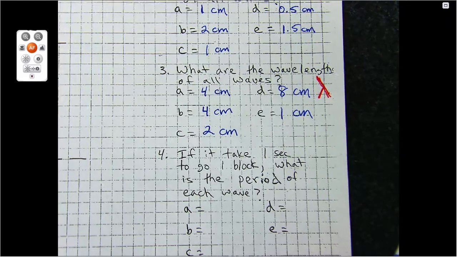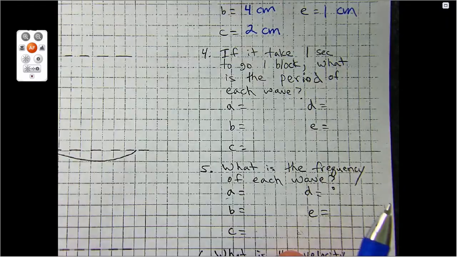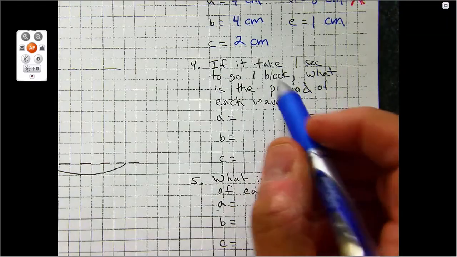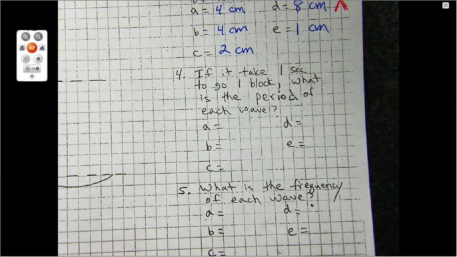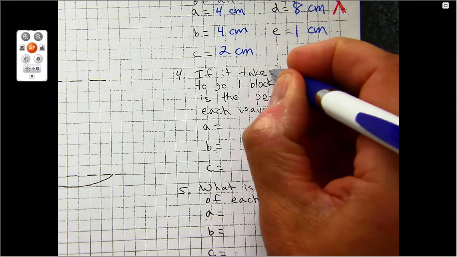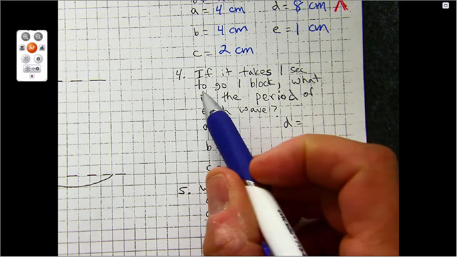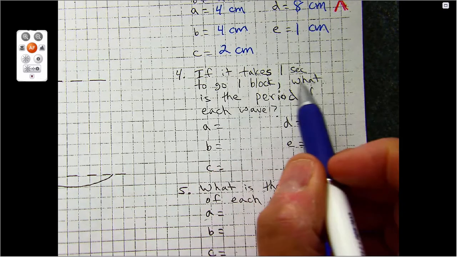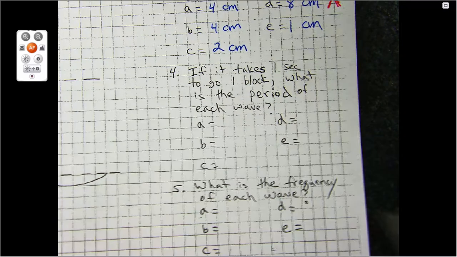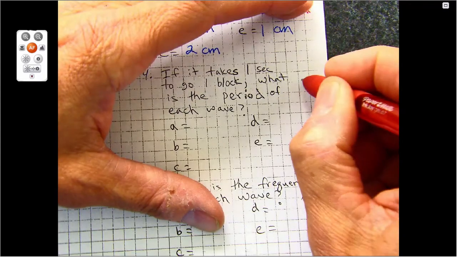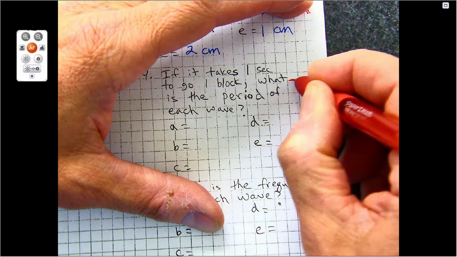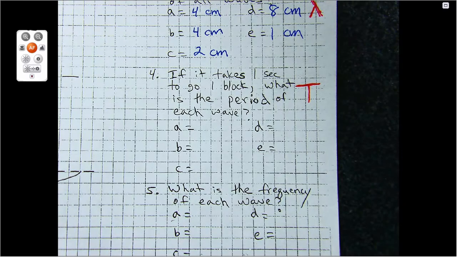Now, if it takes 1 second to go 1 block in the x-axis, what is the period? The period, capital T. Otherwise, capital T before could also be what?